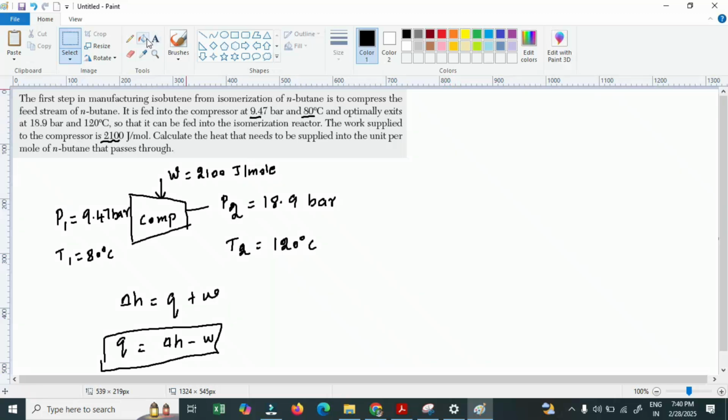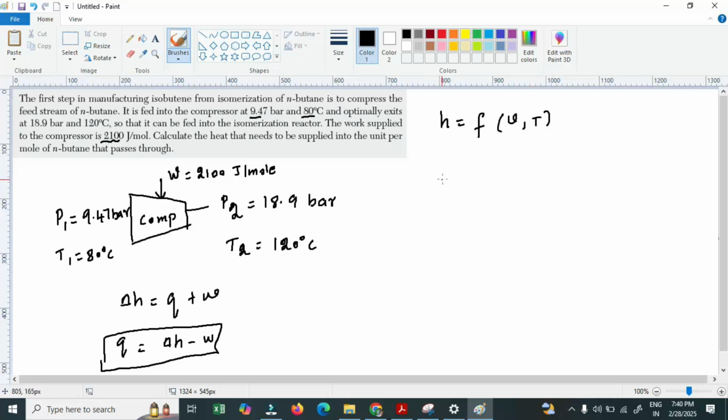Therefore, let me visualize states 1 and 2 in the VT diagram. In the y-axis let me have V, and in the x-axis temperature.